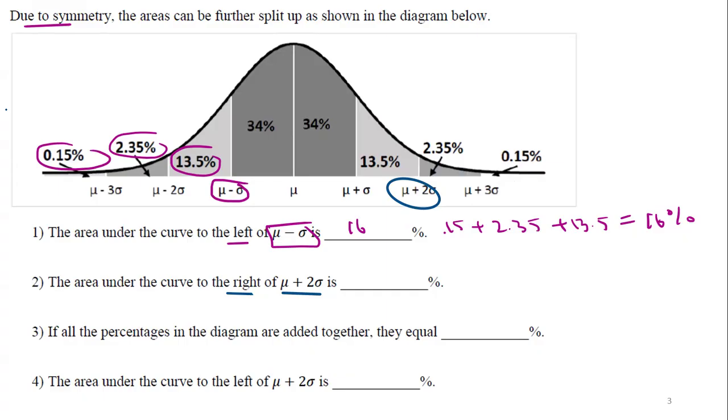So we would add these guys here. So that would be 2.35 plus 0.15. When we do that, we get 2.5%.